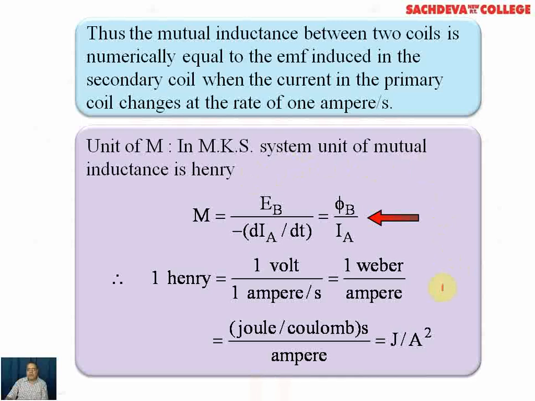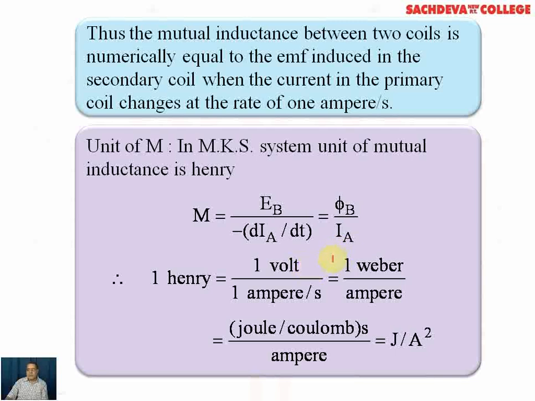So, mutual inductance is estimated by the function E_B over minus dI_A by dt, and that will be phi B over I_A. Now, in order to find the dimensions of mutual inductance, we use the formula 1 Henry is equal to 1 Weber over 1 ampere.